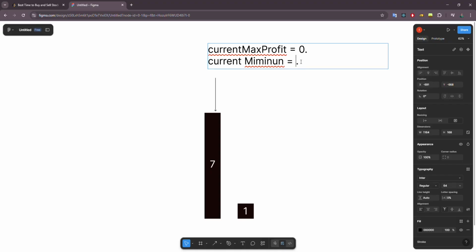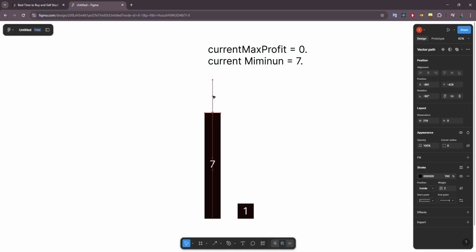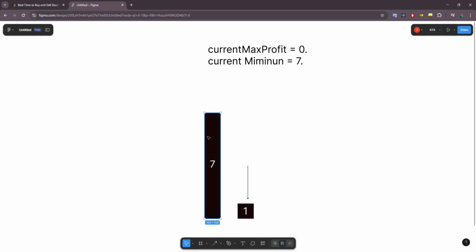So the current minimum is 7 because this is the minimum amount of money we can pay to buy the stock. So once we go to the second day, if we buy the stock here and sell it here, you are going to get no profit. But already you have a current minimum.